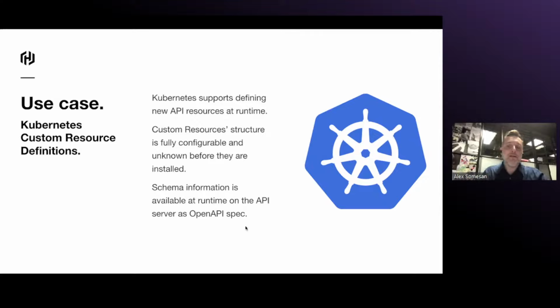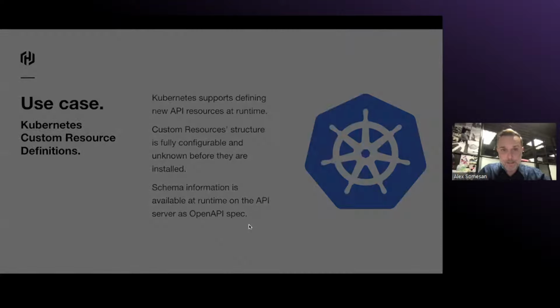But luckily, Kubernetes was smartly designed to publish all of the structural information once these resources have been deployed to the cluster. In fact, the structure information of any resource that's available in the API is available from the API server as an OpenAPI spec. So this is really interesting, and we're going to make use of that going forward.